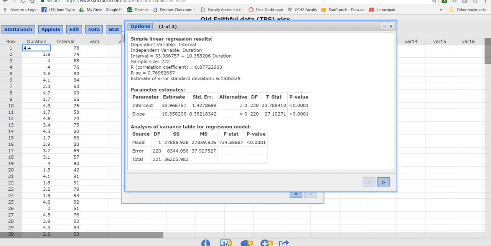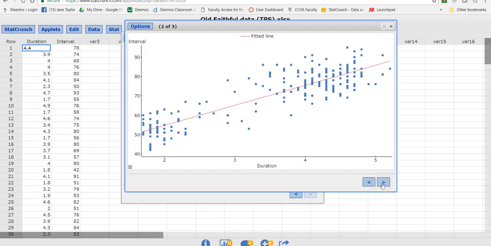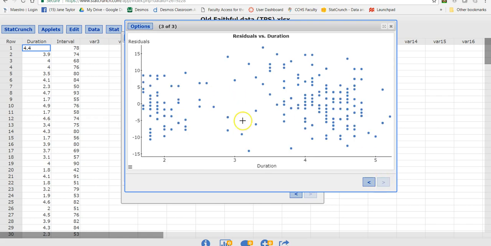So if we go back and look at the residual plot, we'll see that for any one value of x, so like 4 minutes, the duration, the residual for that duration varies. Okay, so there's a variation in the amount of the residuals from what we expect.